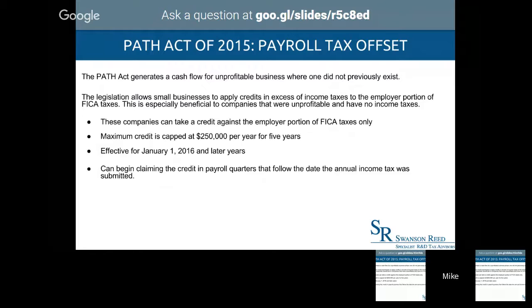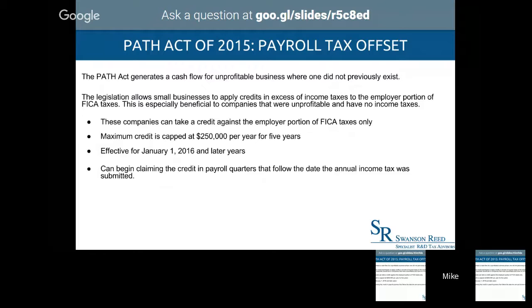Now, if you want to be an eager beaver and get your returns filed by April 15th, because that's the new filing date for C Corps, and I won't get into that can of worms, but the filing dates have changed. You should be aware of that. And if you do what's called a timely filed return, file by your initial due date, then you can begin claiming that credit against the employer portion of payroll taxes the very next payroll period.